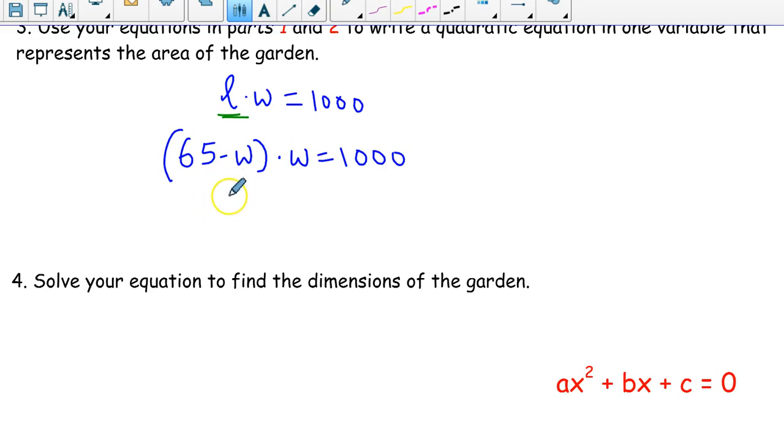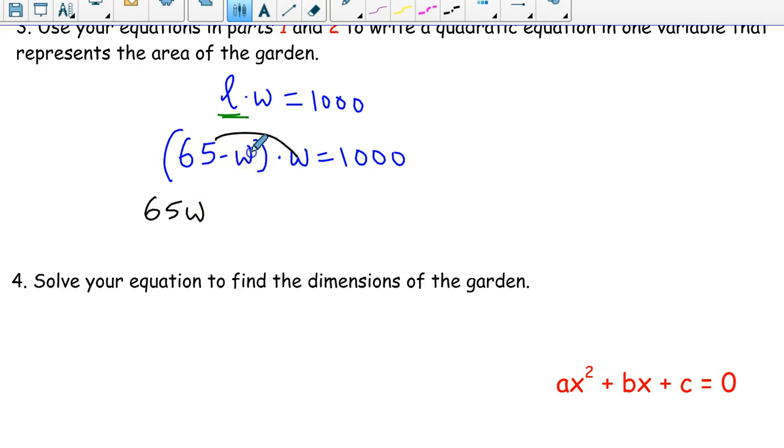Now after doing this, we have to change it into a quadratic equation. Right now it is not like a quadratic equation, but we have to simplify, put it in the right order. So okay, let me make use of this distributive property. I can multiply this 65 with W so that you can get 65W.